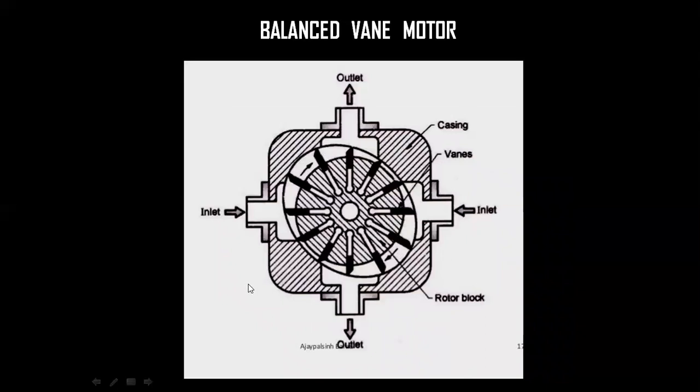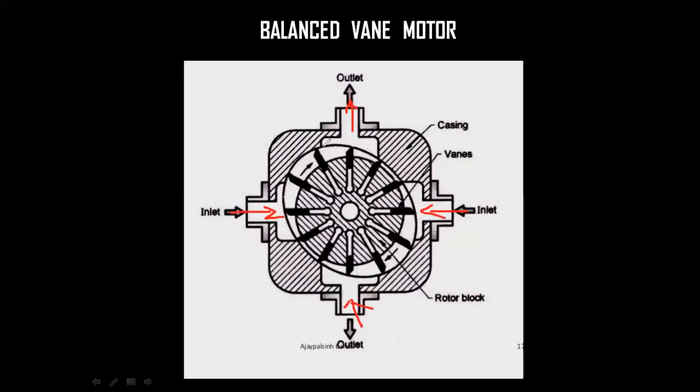So from an unbalanced motor, we are balancing the forces in this motor. How we are balancing is by introducing two things here. We are having two inlets and two outlets, so there are two port openings and two port closings.